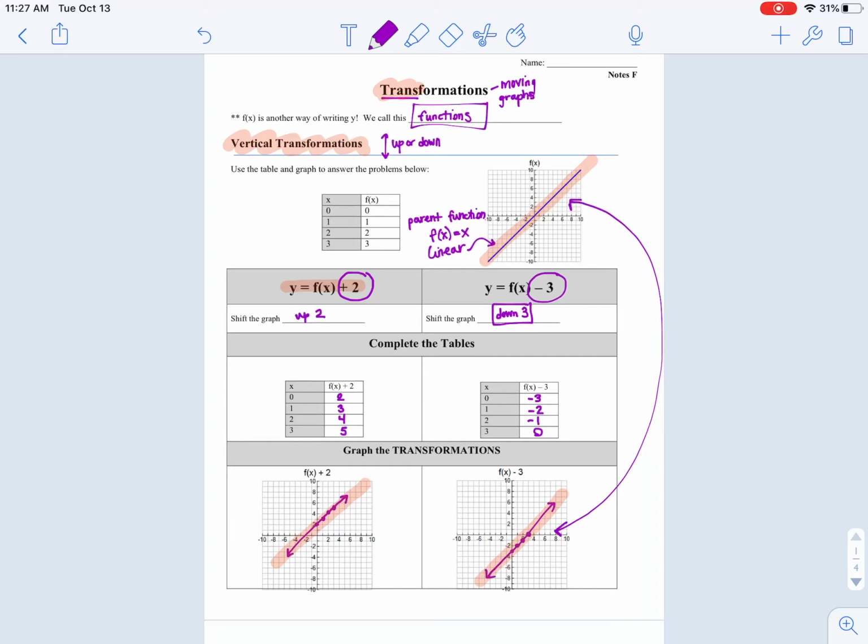Let's go on to the second page here, and the second page is on horizontal transformations. So horizontal transformations is going to go this direction here, and we are going to be looking for left or right movement.